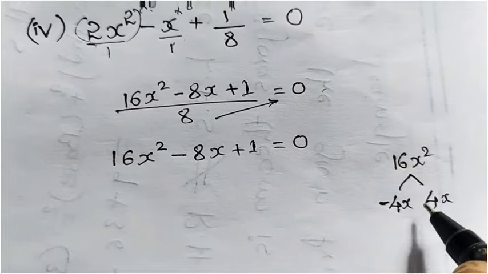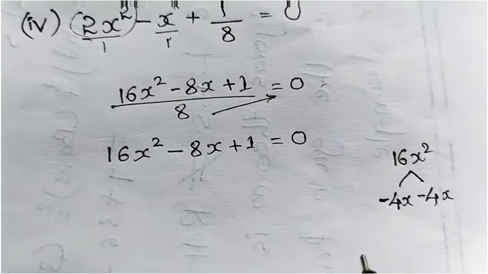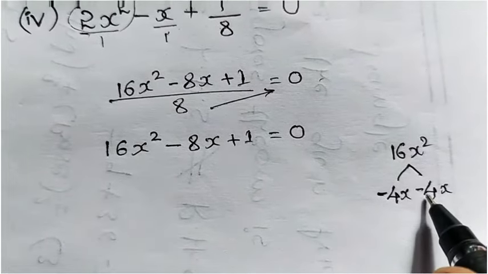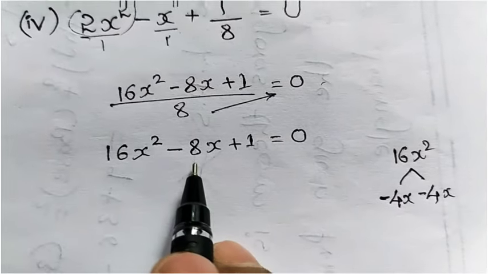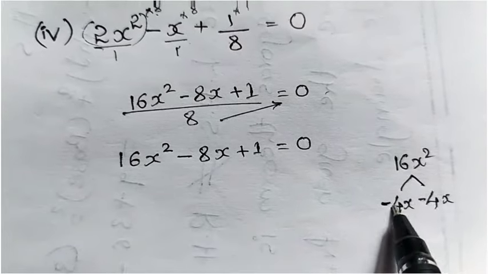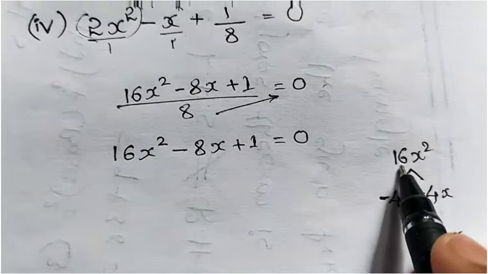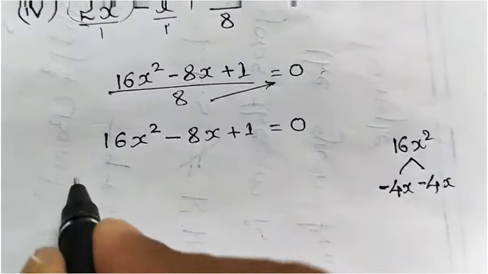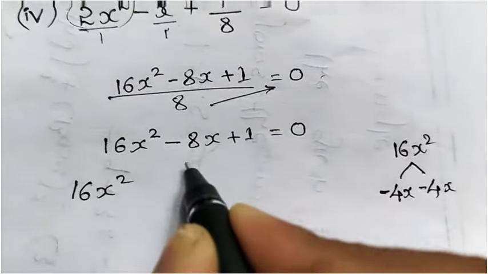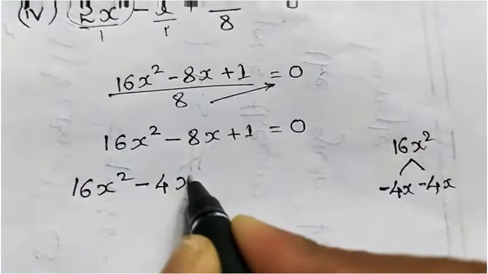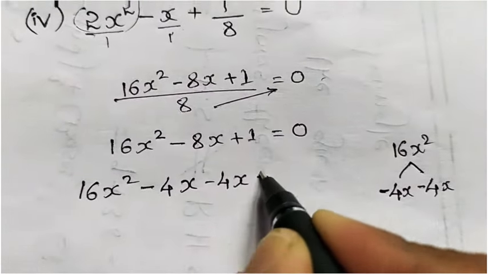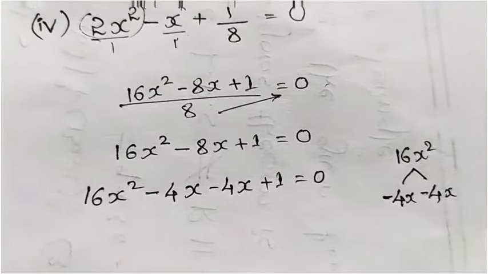So here I will take minus 4, minus 4. If you add minus 4 plus minus 4, again we will get minus 8 only. If you multiply, we will get 16. So instead of writing minus 8x, I will write minus 4x minus 4x plus 1 equal to 0.